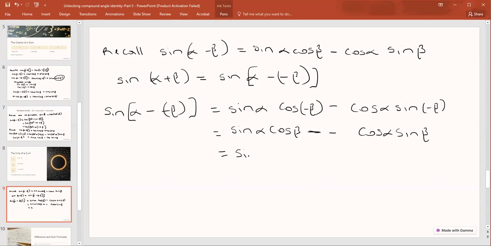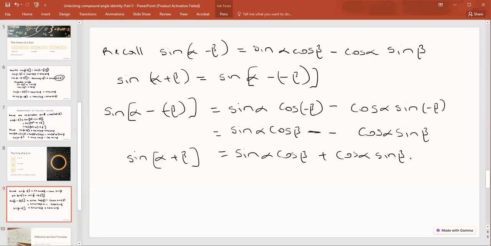This gives us sine of alpha times cosine of beta plus cosine of alpha times sine of beta. So our conclusion is that sine of alpha plus beta is equal to sine of alpha times cosine of beta plus cosine of alpha times sine of beta.